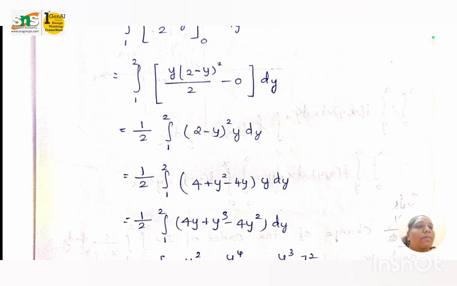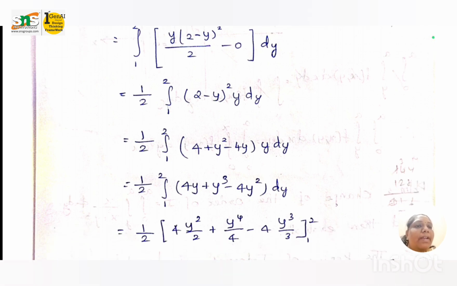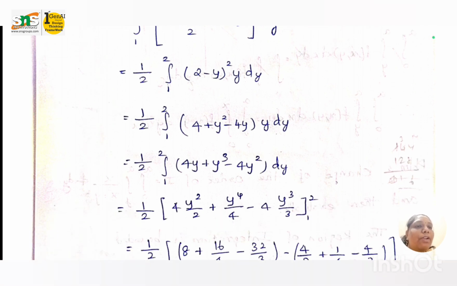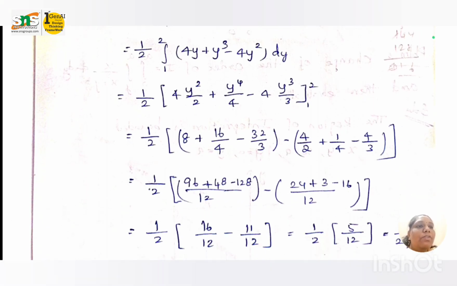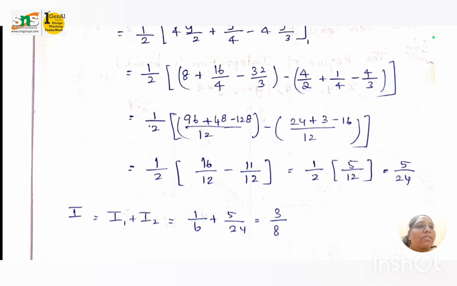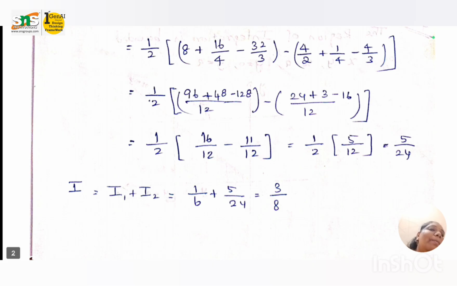Multiplying the y inside the bracket, we get 4y plus y cubed minus 4y squared dy. Integrating and applying the limits, by subtracting and solving we get 5 divided by 24. So we are getting 1 by 6 as I1 and 5 by 24 as I2. By adding those we get the answer 3 by 8, which is I.